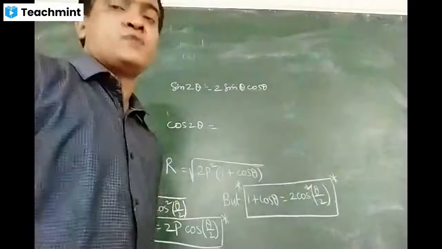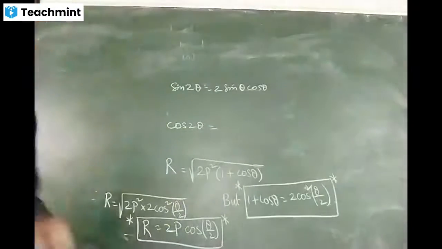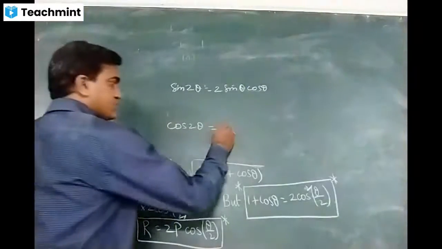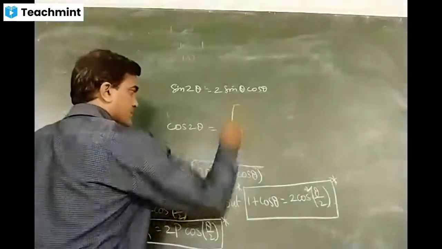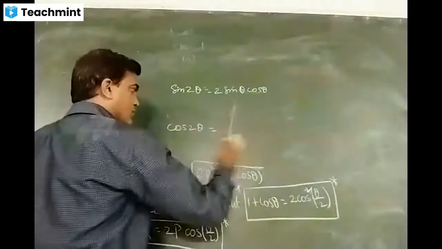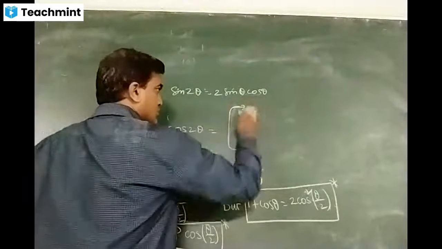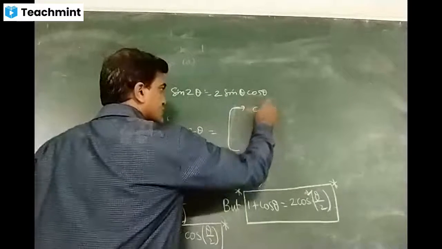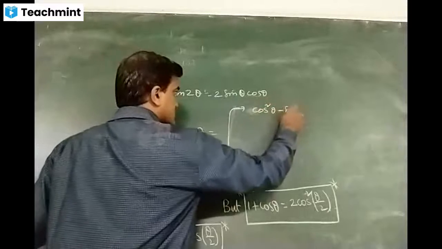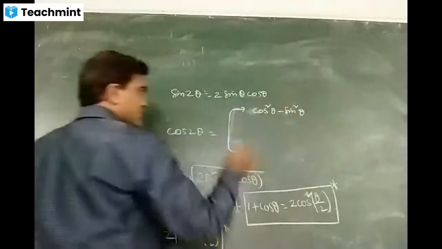We have three formulae. If you just recall, 2 cos square theta minus 1. One is 1 minus 2 sin square theta. Cos square theta minus sin square theta.